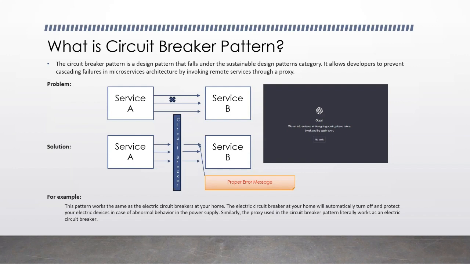So it will save the power, right? It is a similar kind of behavior. It is giving some time to service B to auto recover or auto heal from the load.